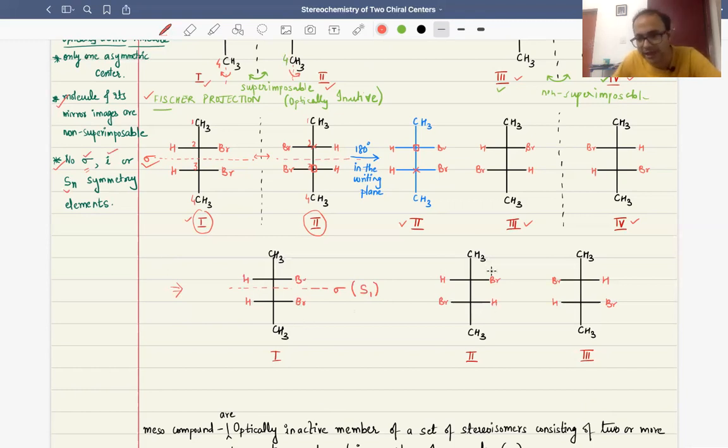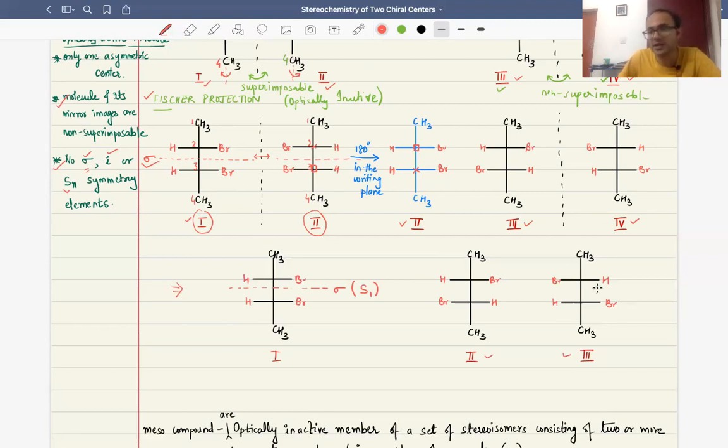But if you look here, in these two stereoisomers, that is 2 and 3, you will find that they do not have any symmetry elements present in them, no plane of symmetry. You try and see for yourself whether you can come across any symmetry elements. If you can, please let me know in the live session. From my understanding, these molecules do not have a symmetry element, like sigma, i, or Sn.